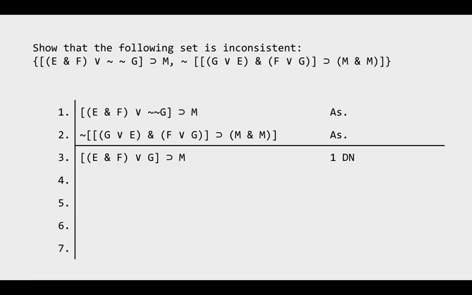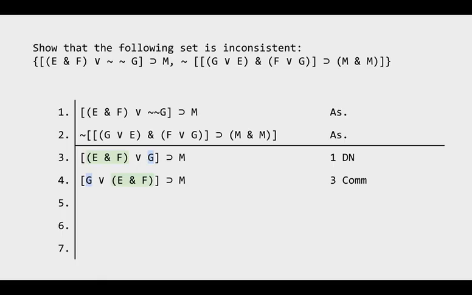Another perfectly legal move that I can do right now is this. Notice that all I did here is in this conditional from number 3, in the antecedent portion, I shifted around its disjuncts. Notice that first it was green, then blue, and then I moved it over to blue, then green.